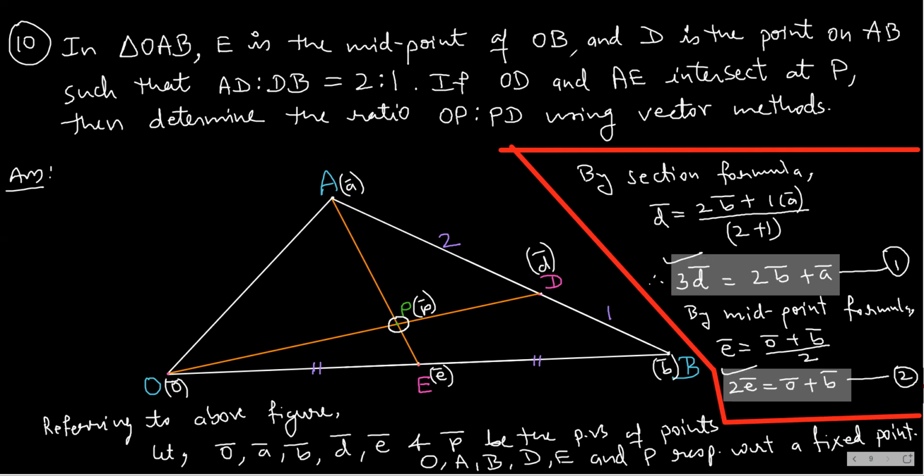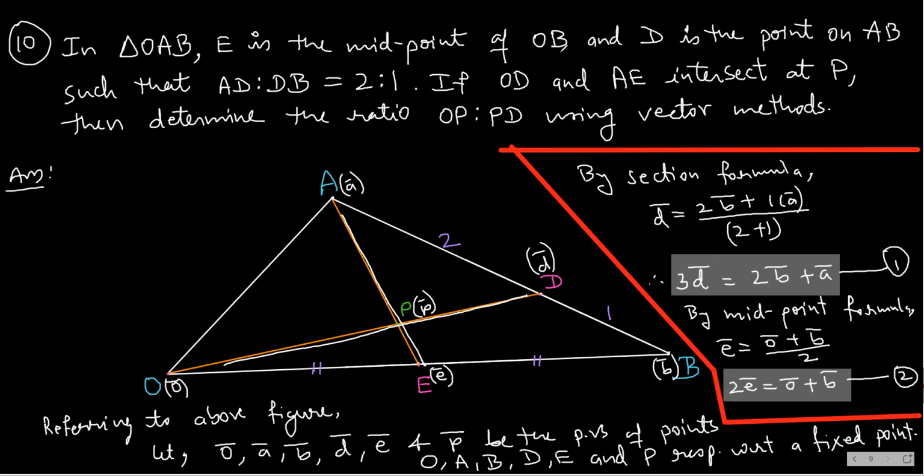But if I want to incorporate that P bar, what I understand is that P is the intersection of AE and OD.